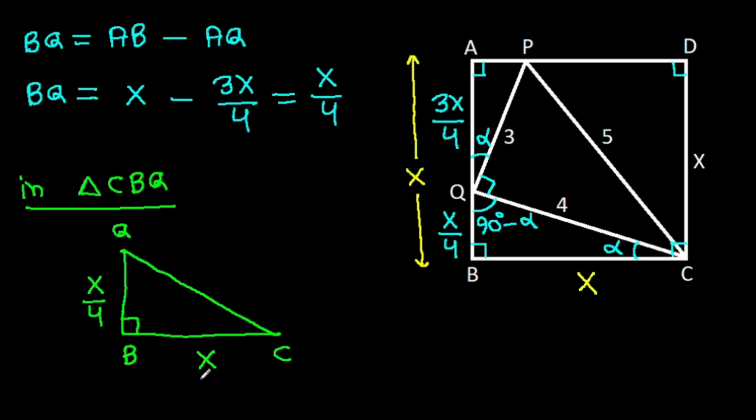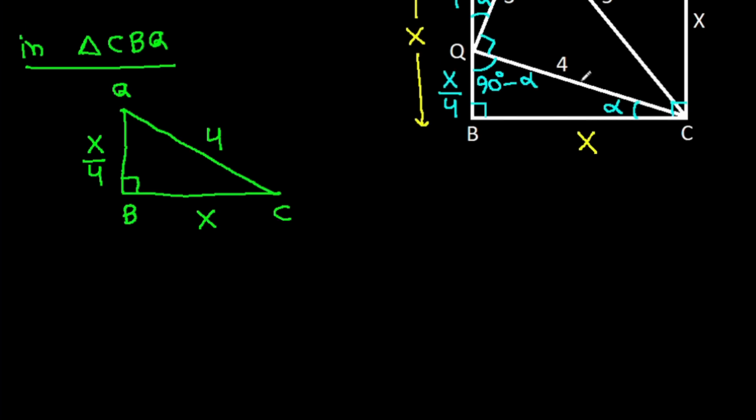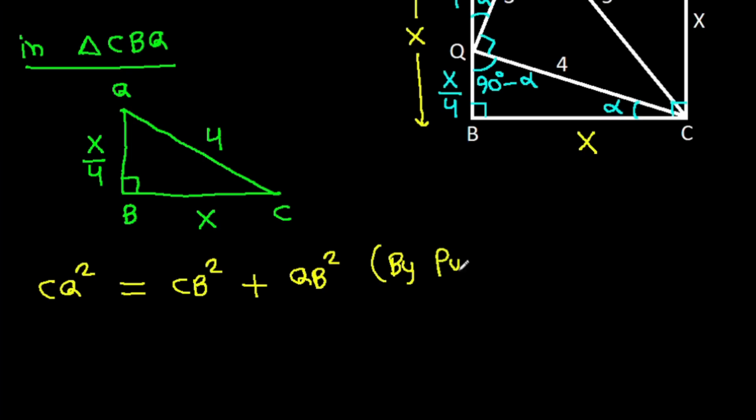BC is x. CQ is 4. And CQ square will be equal to CB square plus QB square by Pythagoras theorem.